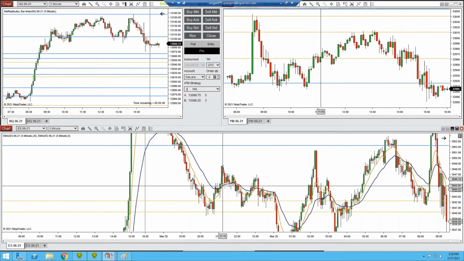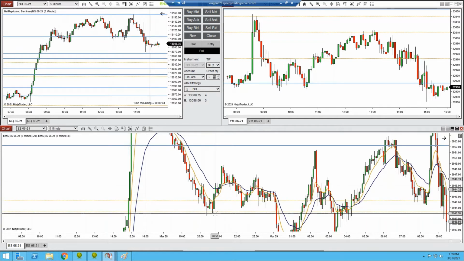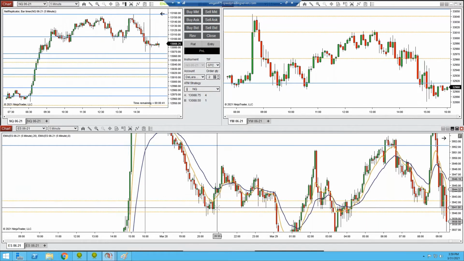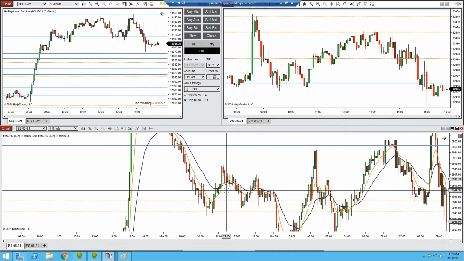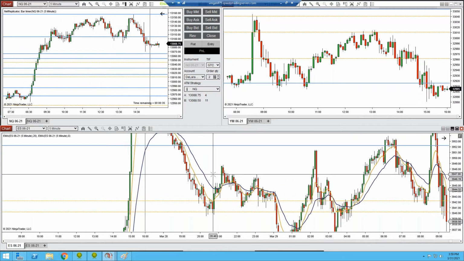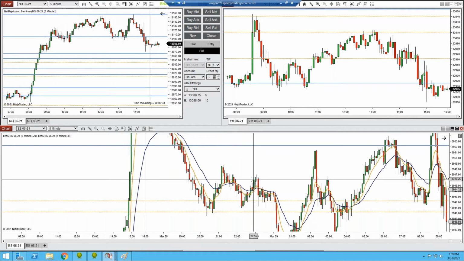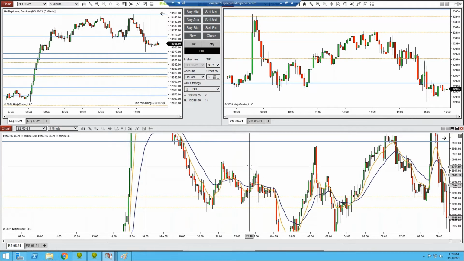the way I like to do this with prediction points is wait for prediction points to tell you that you have a reversal or a continuation in the bigger picture of whatever system you want to use.